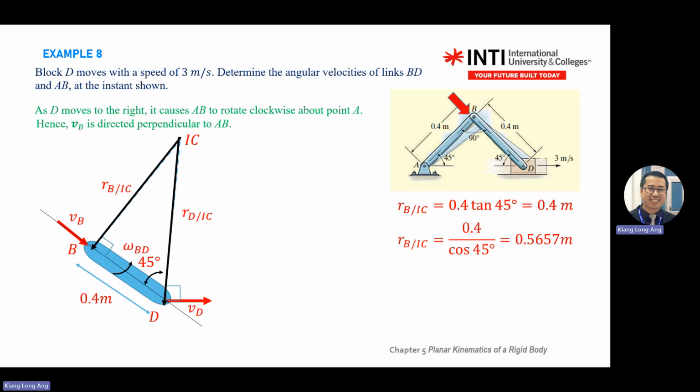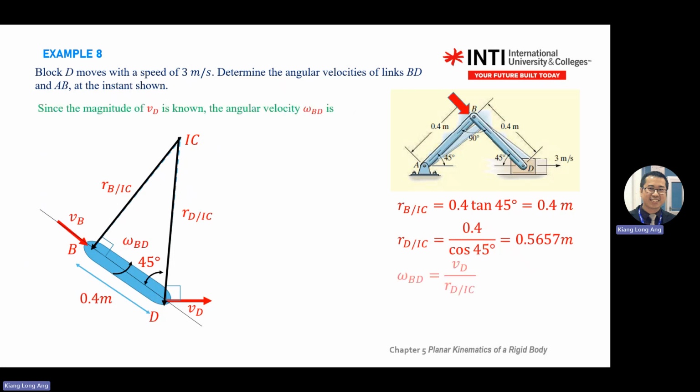You have the distance. So RBC, you can find is 0.4. Then you can find RB stroke IC is 0.5 something. Then you put in the equation. Omega equal to V divided by R. Substitute, you get something radian per second.